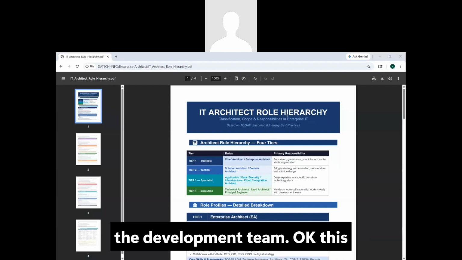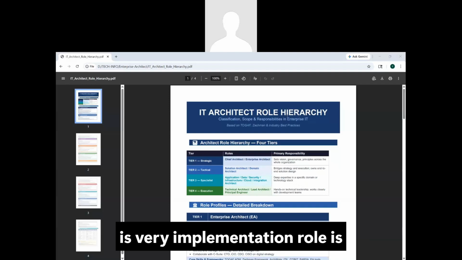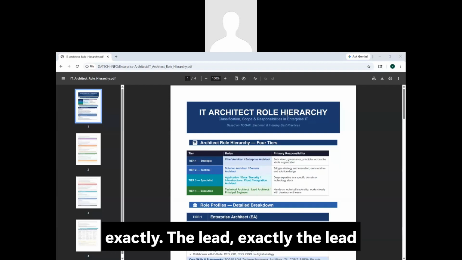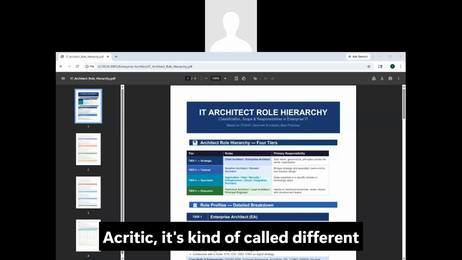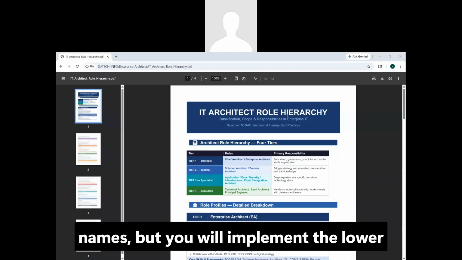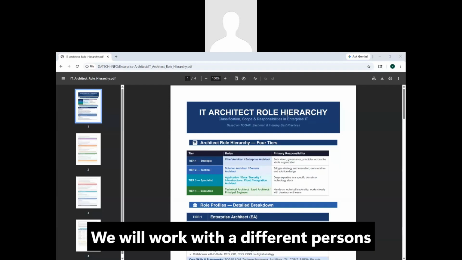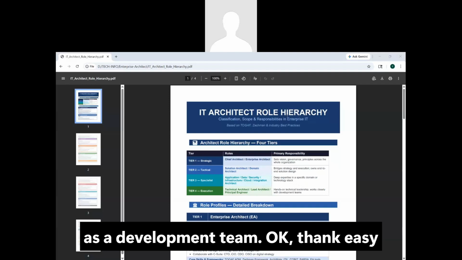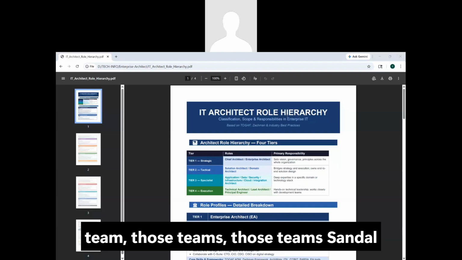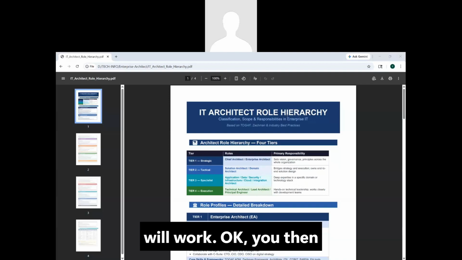It acts as a lead architect. You can call it by different names, but you implement the lower level design as an actual system. You work with different people such as the development team and the QA team, and finally get the output. That is the execution role.